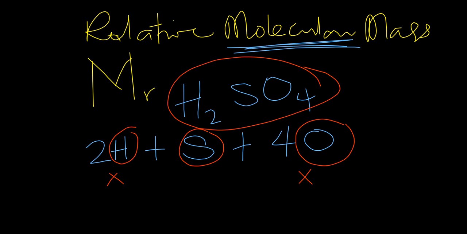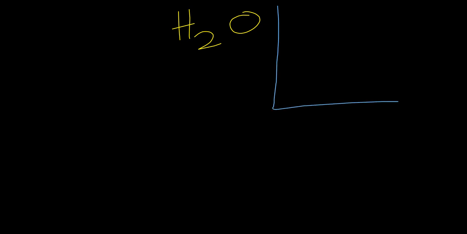So let's look at example 1. In example 1, we start with a simple compound H2O. And our work is to calculate the relative molecular mass of H2O. We are assuming the relative atomic masses of the components have been given to us. So for hydrogen, it has been given to us as 1.